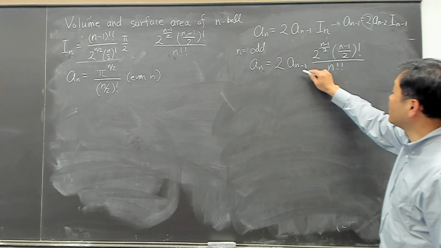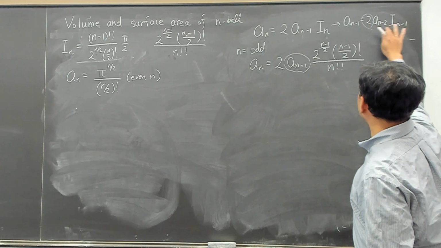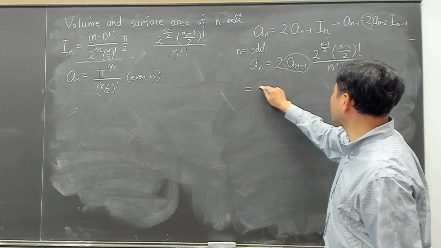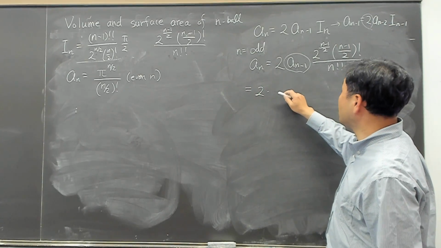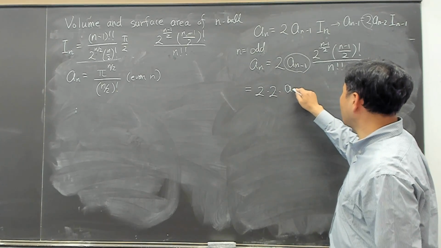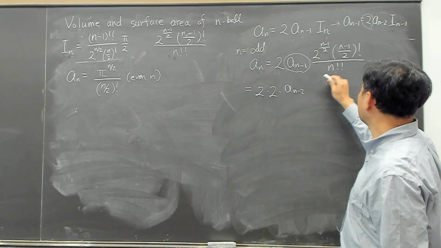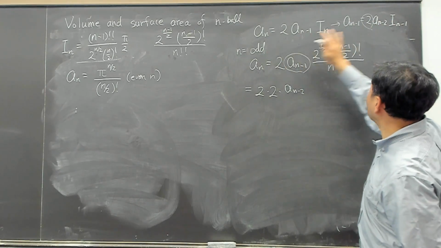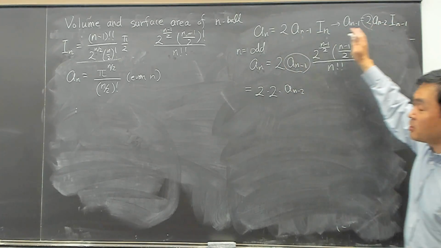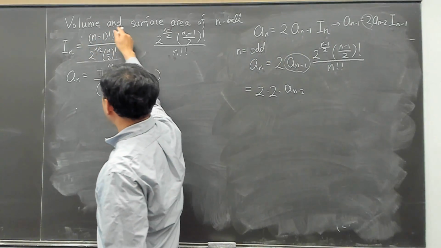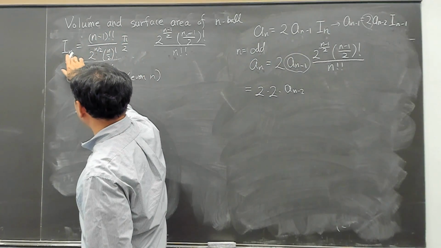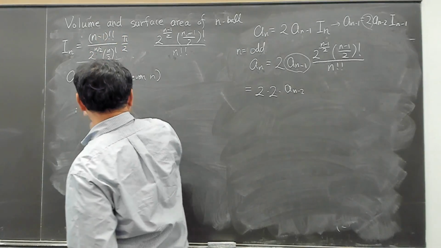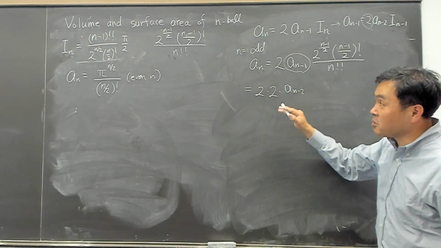But then I can replace this by this formula here, is 2 times a n minus 2, and a of n minus 1, well, because n is odd, n minus 1 is even, so I have to use this formula, except that since I have n minus 1 here, this formula should be used here with n replaced by n minus 1.